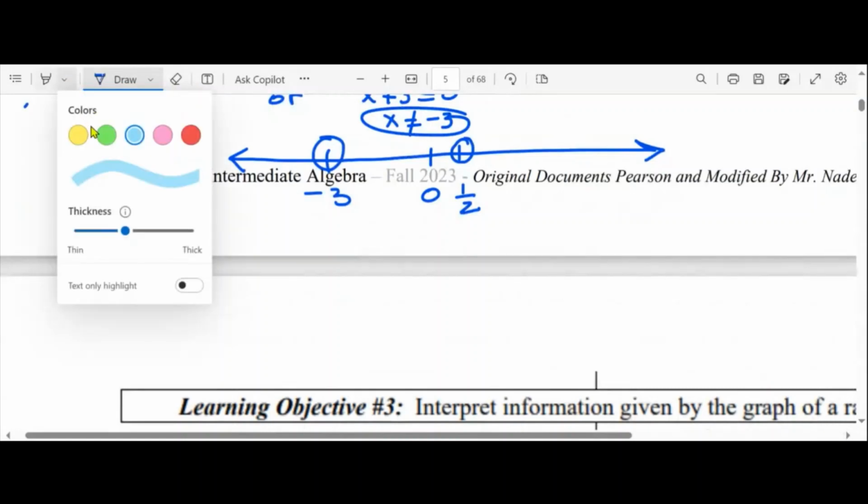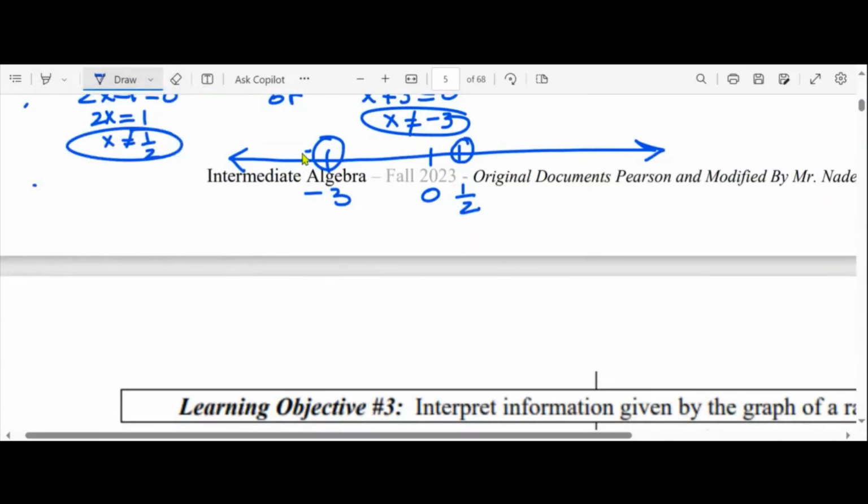So where is your answer? Minus infinity to -3, -3 to half, half to infinity. So how can we write this in math?